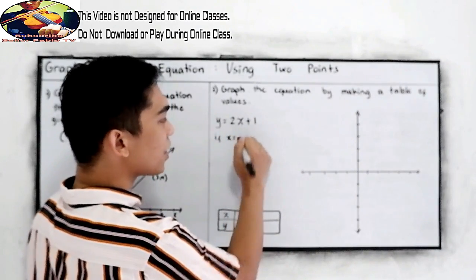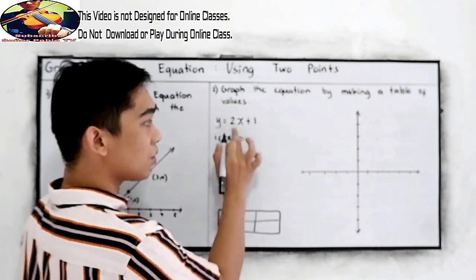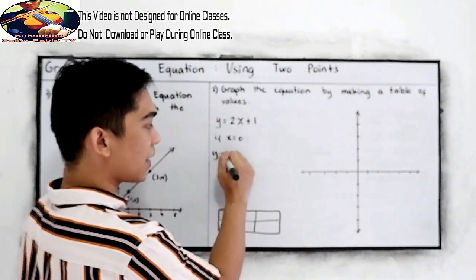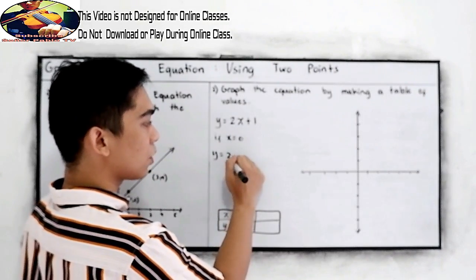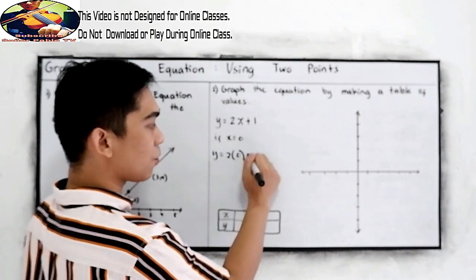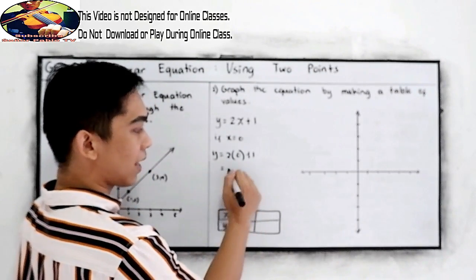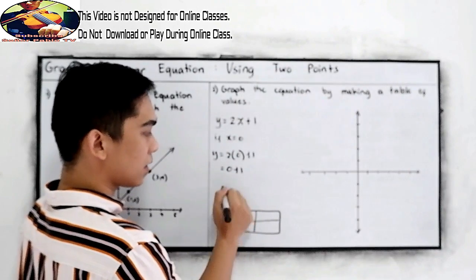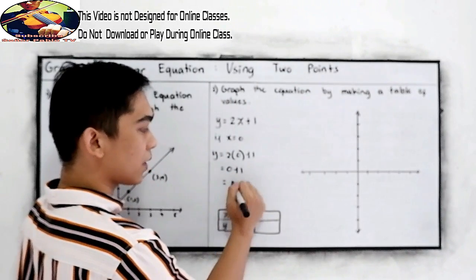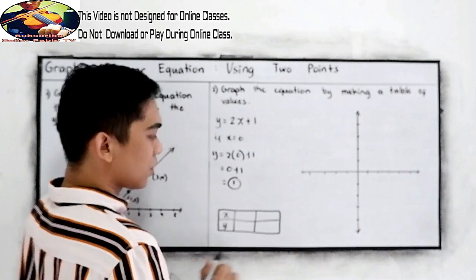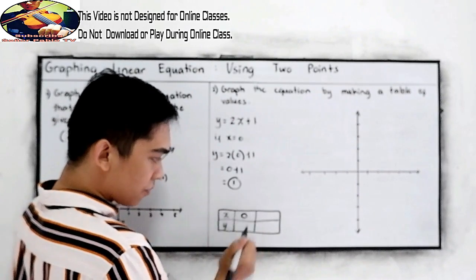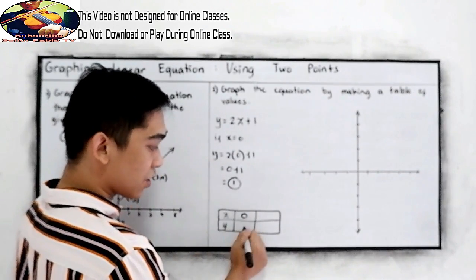So if x is equal to 0, then all I need to do is to substitute. So y is equal to 2 times 0 plus 1. 2 times 0, that is 0, plus 1. So 0 plus 1, that is 1. So if x is 0, our y is 1.